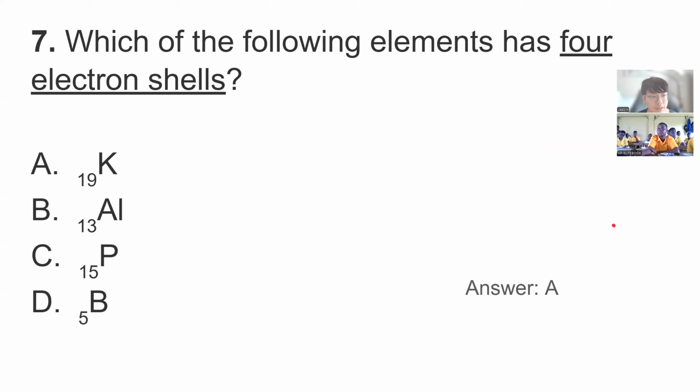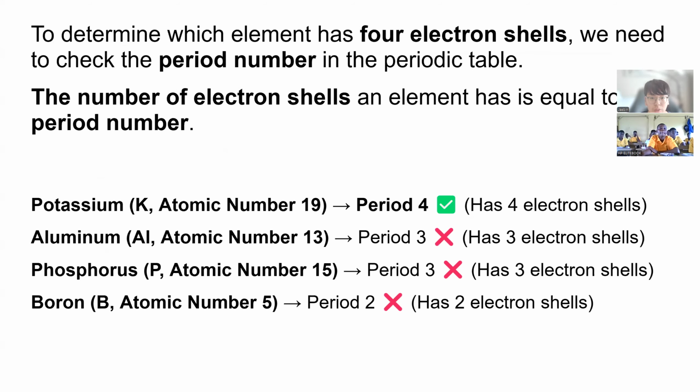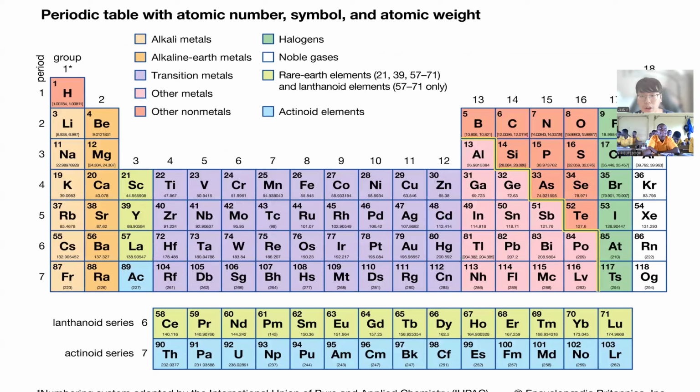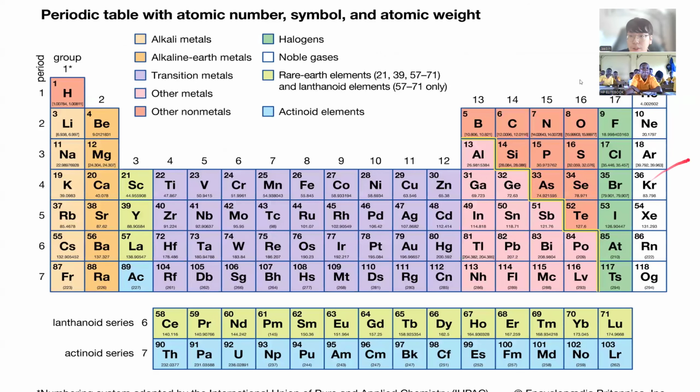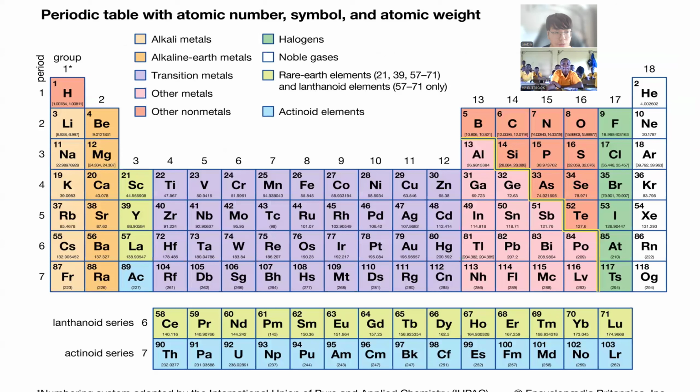The answer is actually A, and this is a little difficult without seeing the periodic table. This is a periodic table, and from this we can figure out the number of shells.